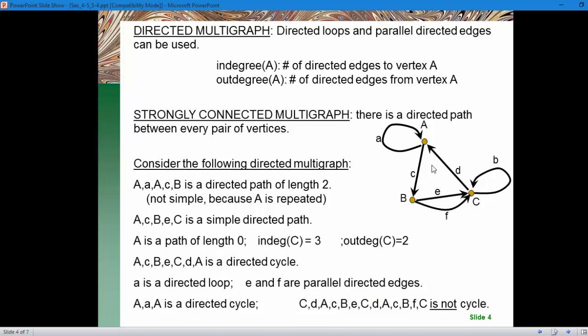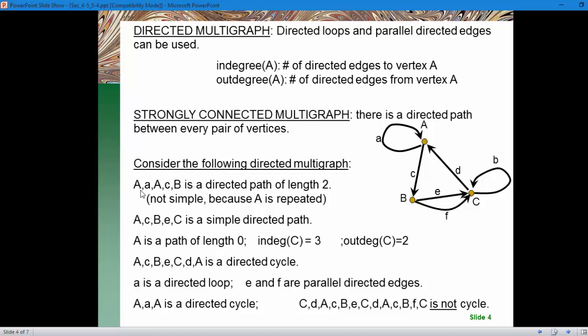Let's take a look at this example, and here we can find cycles, we can find paths, but they're all directed. I'm going to omit the word directed because everything we talk about now will be directed. Directed simply means that the edges now have directions.